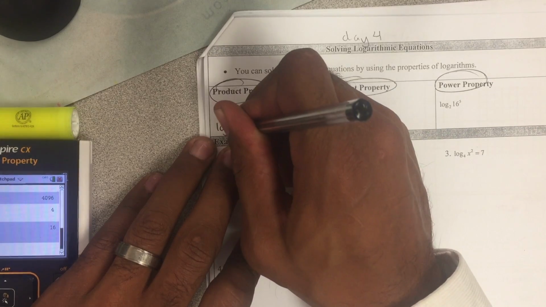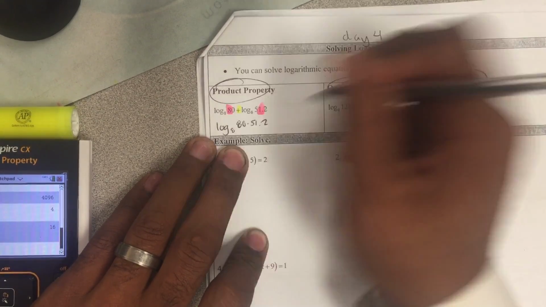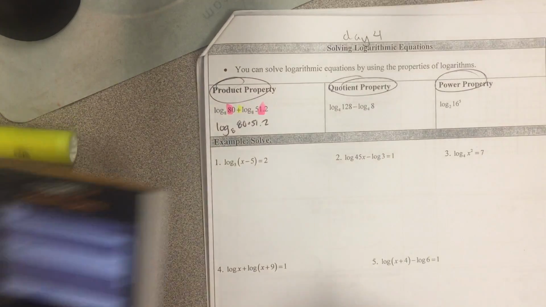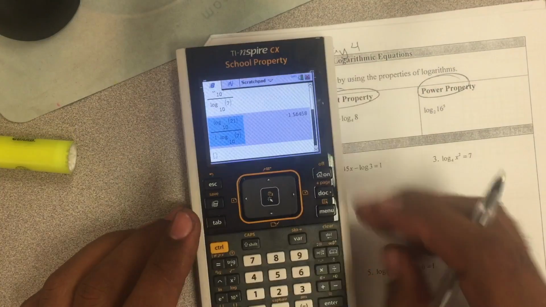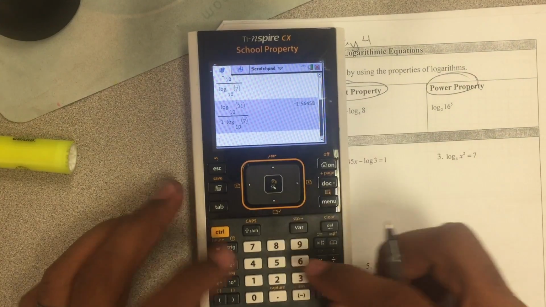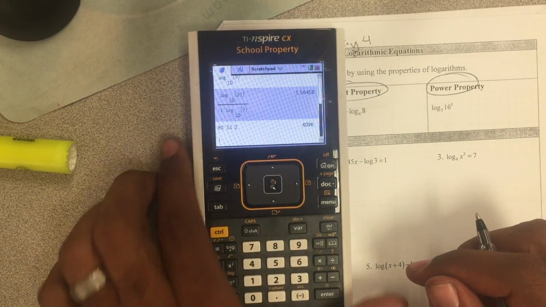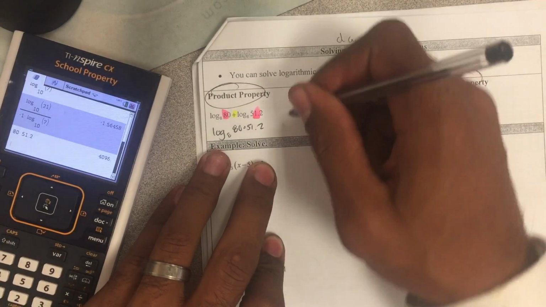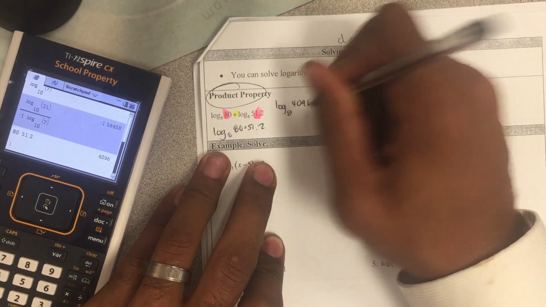So log base 8 of 80 times 51.2. Pull out the calculator, and let's see. Okay, so 80 times 51.2 is 4,096. So now log base 8 of 4,096.